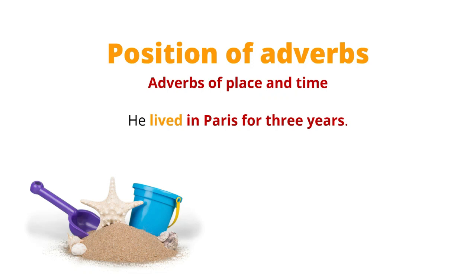This is also called a prepositional phrase, in Paris for 3 years, because they begin with prepositions, but they are a type of adverbial. So he lived in Paris for 3 years. Now the place always goes in front of the time. You cannot say he lived for 3 years in Paris. Well, you can say it if you want to, but the normal way is to put the place in front of the time.